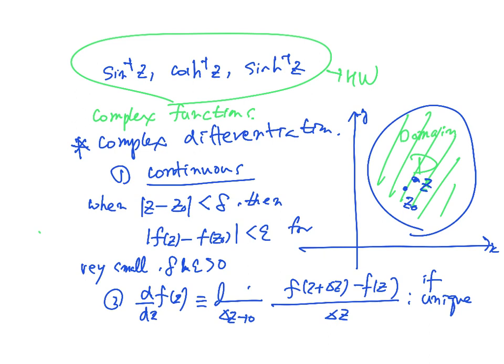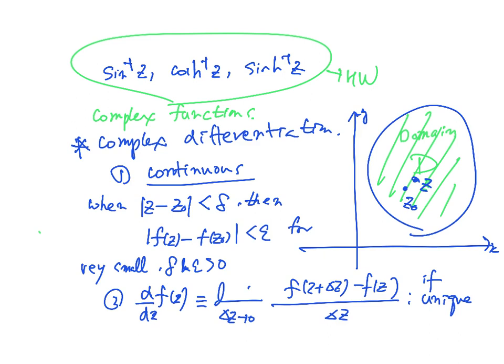If this limit is unique, then we can define the complex derivative. So two things are needed. One is the function itself has to be continuous, and this particular limit has to be unique. If a unique limit exists, then you can say the function is differentiable.